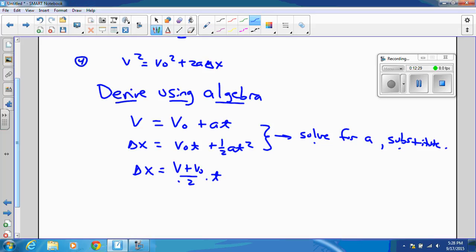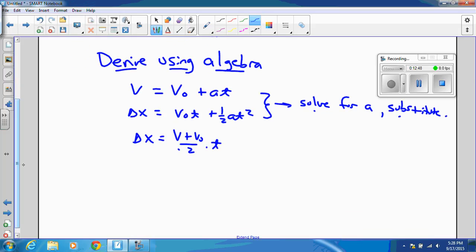You try it. Pause the video, do exactly this, solve for a and substitute, and see that your delta x comes out. If it doesn't work out for you, go back to that point in the video where we derived it, look at it again. Practice doing it. Once you've done it 2, maybe 3 times, I promise you, you will not forget it.